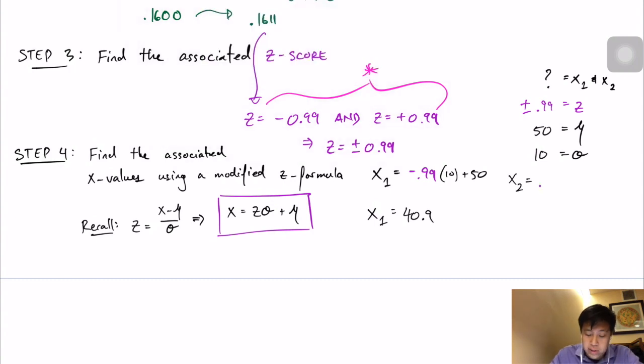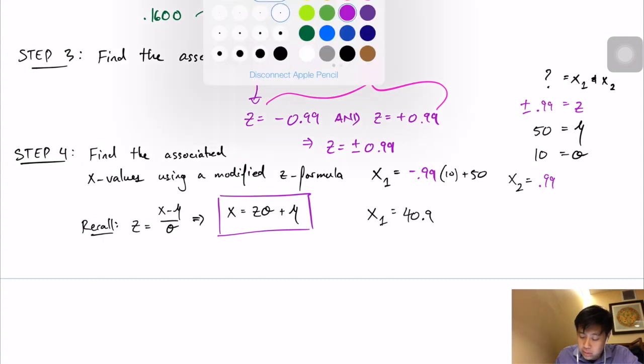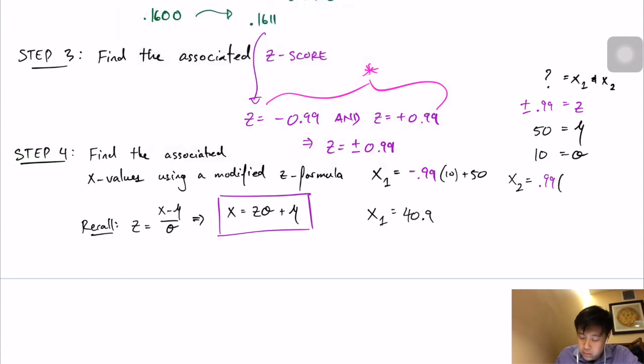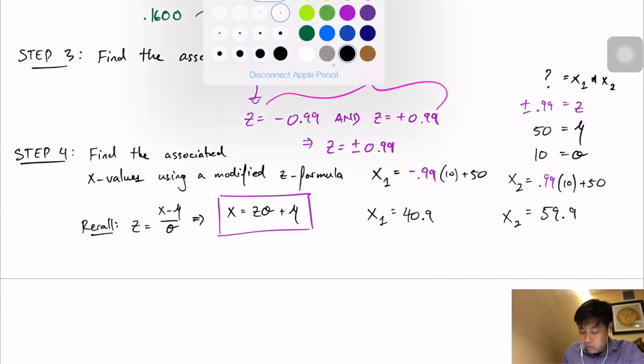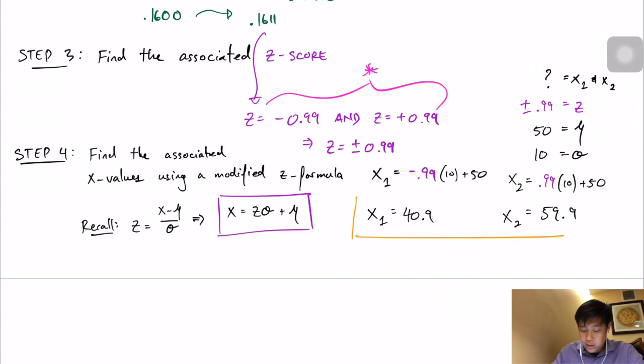No need to write the plus sign there, but you can if you like. We find that this value, again, I did this in advance, is 59.9. If you need, I would pause the video and make sure that you can calculate this properly. Now those are our answers. Let's see how it looks like in our table when we move back up.